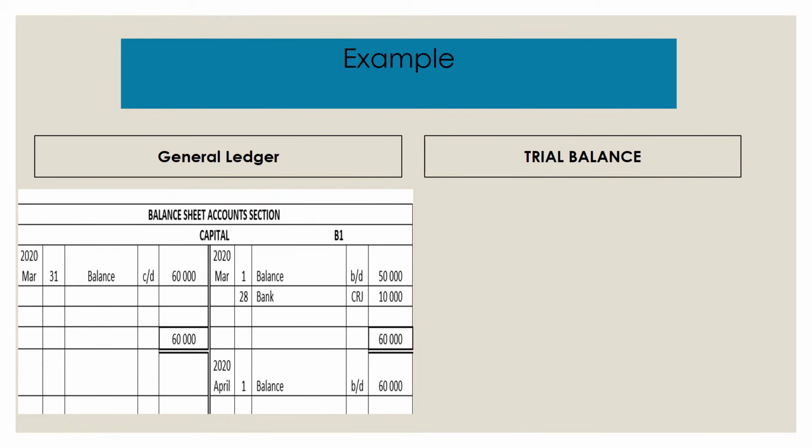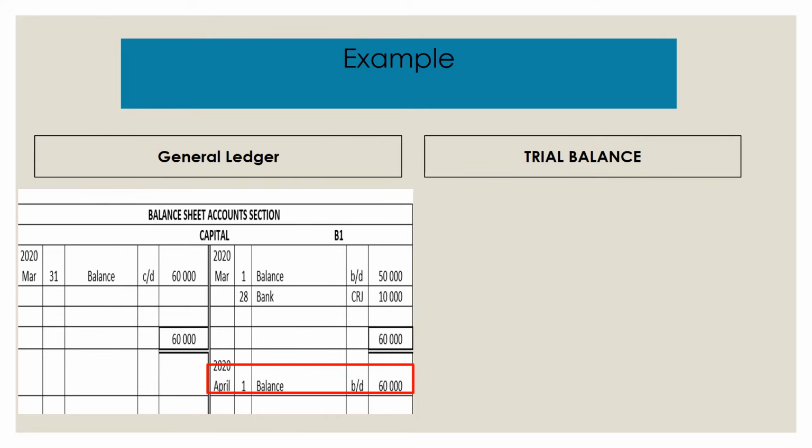Right, so we have our general ledger account. This is the balance sheet account section. Our first account is capital. Capital has a reference B1. At the beginning of the month, the 1st of March, we had a balance brought down of 50,000 Rand. We then had a capital contribution of 10,000 Rand, giving us a balance brought down of 60,000 at the end of the month.